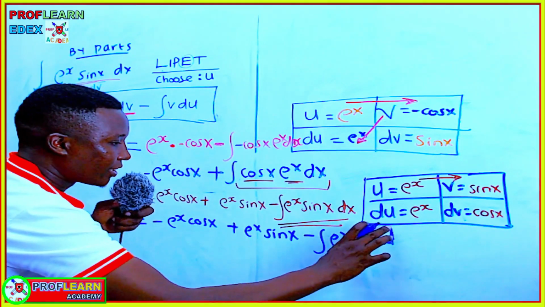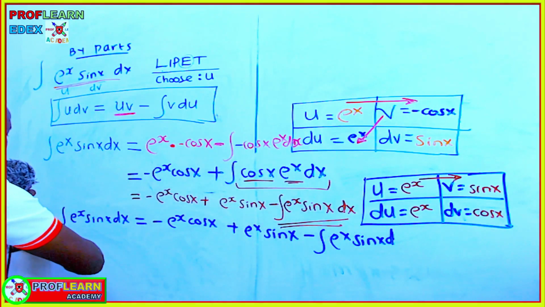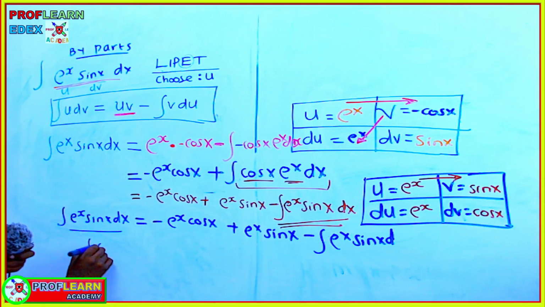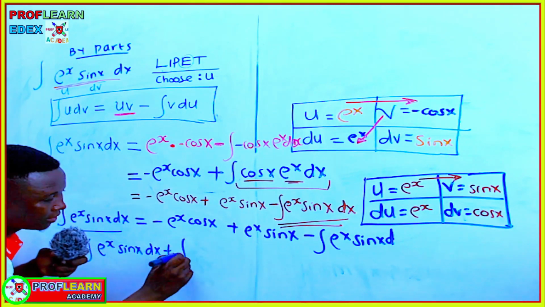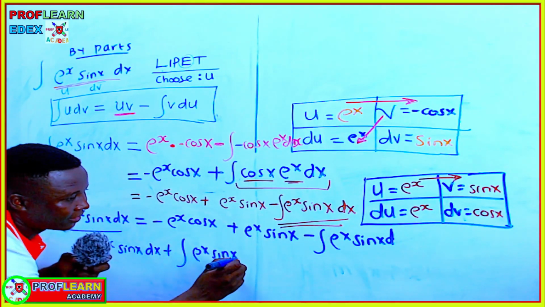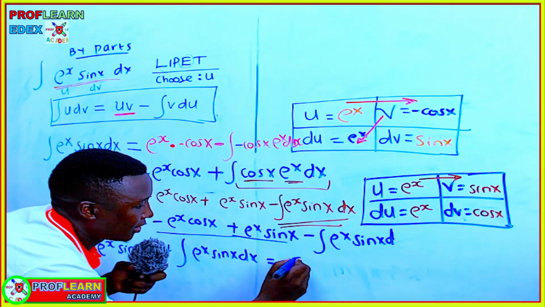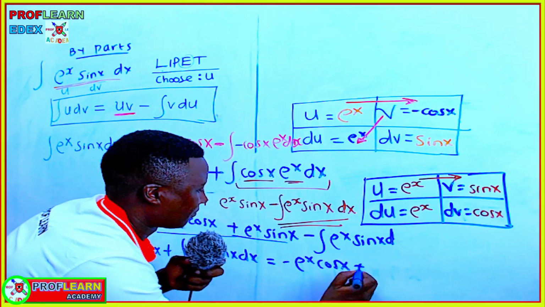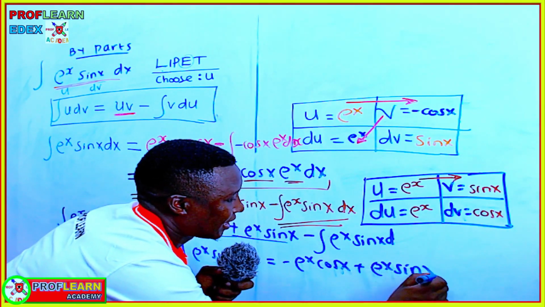So we can now take this part to the other side of the equal sign. It's a minus, so we take it to the other side and add it with this. So we are going to say now this is the integral of e to the x sine x with respect to x plus the integral of e to the x sine x dx is equal to, now we start writing these ones here, minus e to the x cos x plus e to the x sine x.